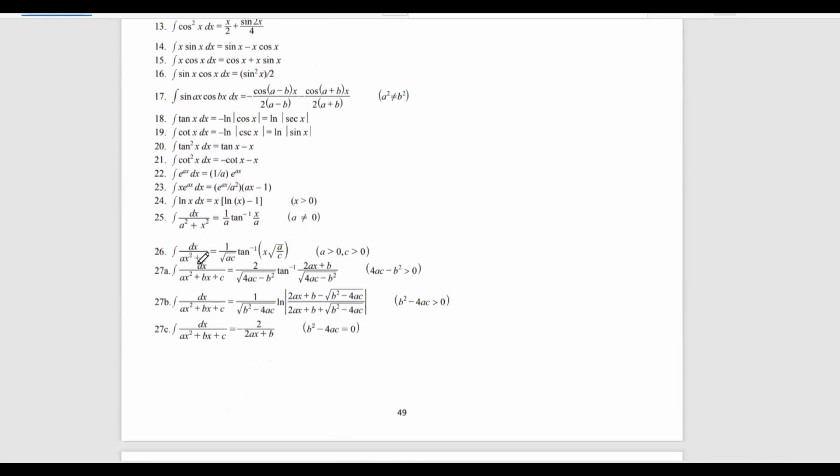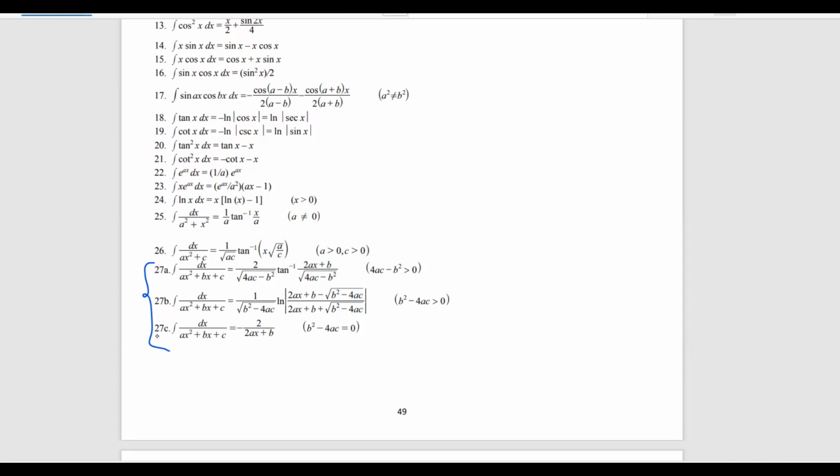If you go through them pretty quickly, you're going to notice that you have these cases, 27a, b, c, which is similar to what we have in our problem. We have a second degree equation at the bottom in all of these three cases. We just have to check what is b squared minus 4c, if it's equal to 0, greater than 0, or less than 0, to verify which case we are going to apply.